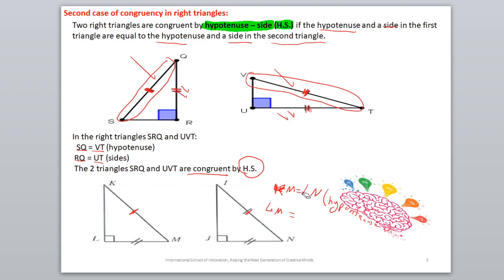Here by mistake I wrote LN, it is IN. So KM equal IN, and LM, which is this one, equal to JN. Sides, we write sides. So we continue. The two triangles are congruent by hypotenuse side. This is the case, hypotenuse side.